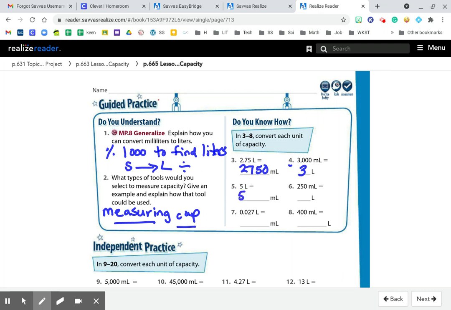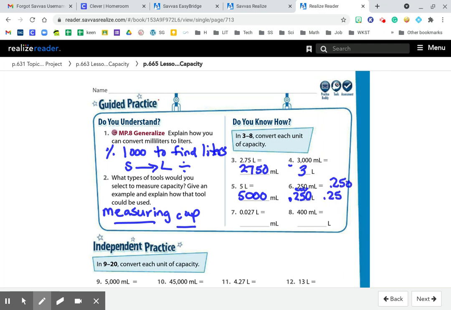We multiply by 1,000, 5,000 milliliters. For number 6, we're going from smaller to larger. We divide by 1,000, 0.25. Remember the decimal is at the end, we move it 3 places. We don't have to put the 0 there. 0.25 is good enough, but you could put 0.250.